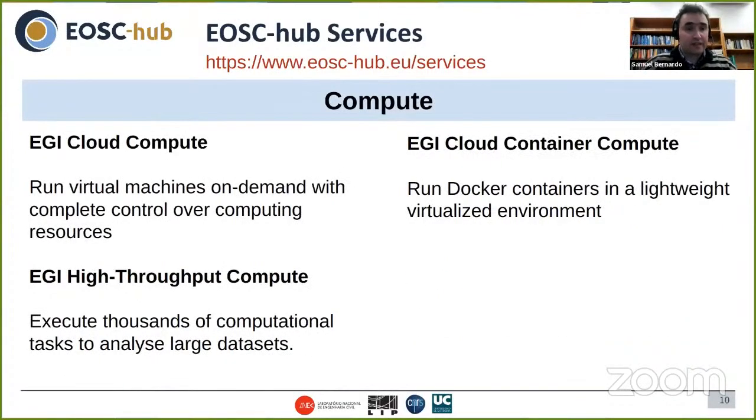Also, in terms of computing facilities, we have EGI Cloud Compute that allows running virtual machines, EGI High-Throughput Compute that allows running batch processing jobs, and EGI Container Compute that provides a way to run Docker containers, for instance in Kubernetes infrastructures.